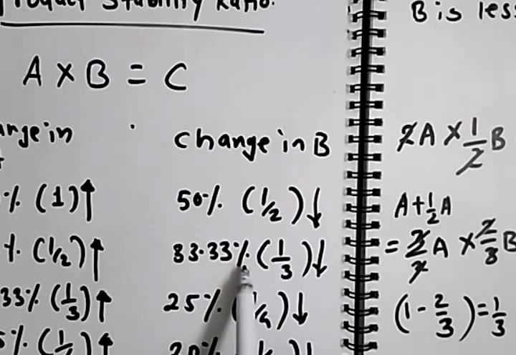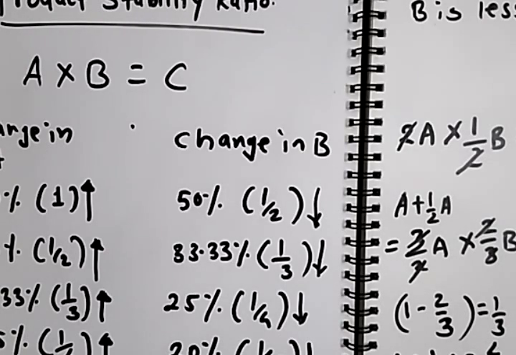that is 33.33%. Similarly, if you increase your A by 1/3, that means your A becomes A plus 1/3 A. So that is nothing but 4 by 3A.